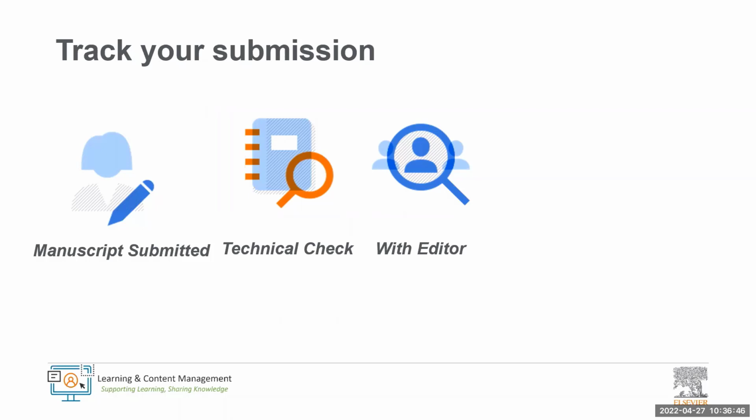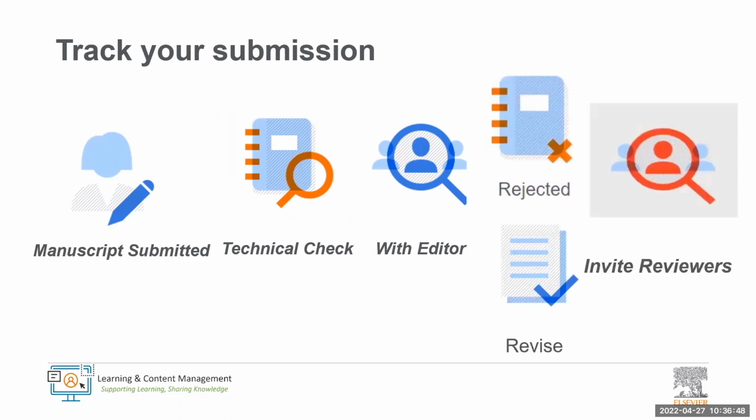Now, the handling editor has different action choices. The first is that he can make a desk reject decision, send the paper for revision, or invite reviewers on the paper. The editor conducts an initial screening of your paper and assesses it against several criteria, such as novelty, priority, and scope.